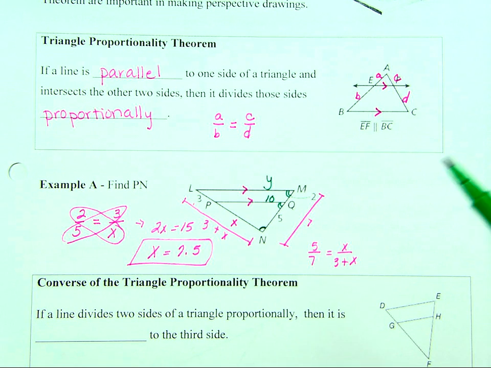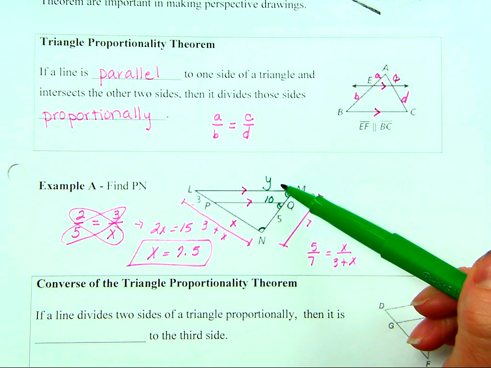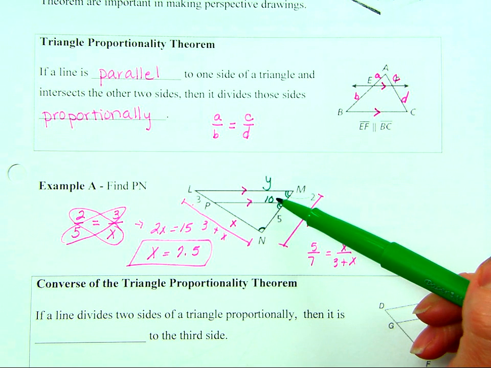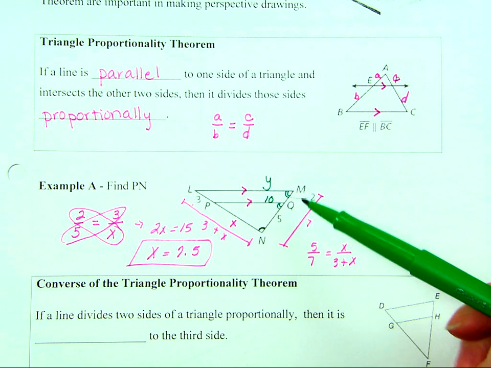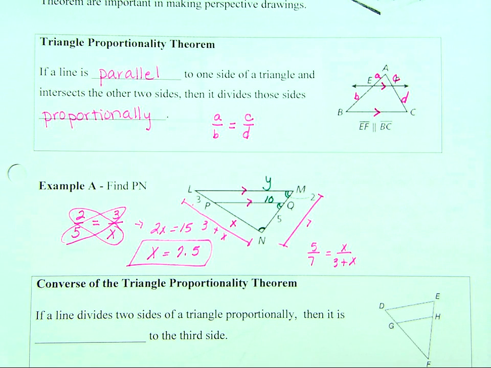But would you agree, my ratio for y and 10, this would not be a 2 to 5 ratio. That's the mistake a lot of kids would make. They would use 2 and 5 for this ratio. But clearly we know that y needs to be bigger.